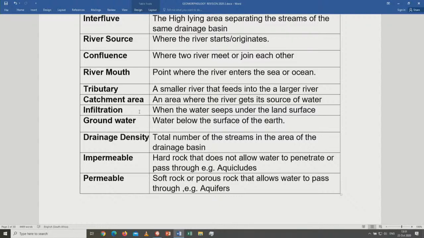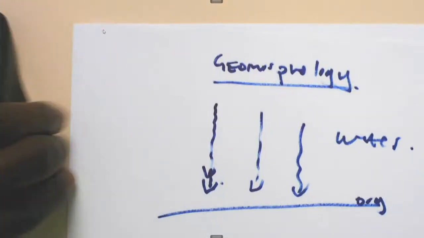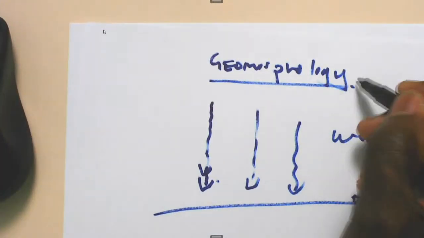Impermeable, hard rock that does not allow water to penetrate or pass through. And then the last one, permeable, which is a soft or porous rock that allows water to pass through.